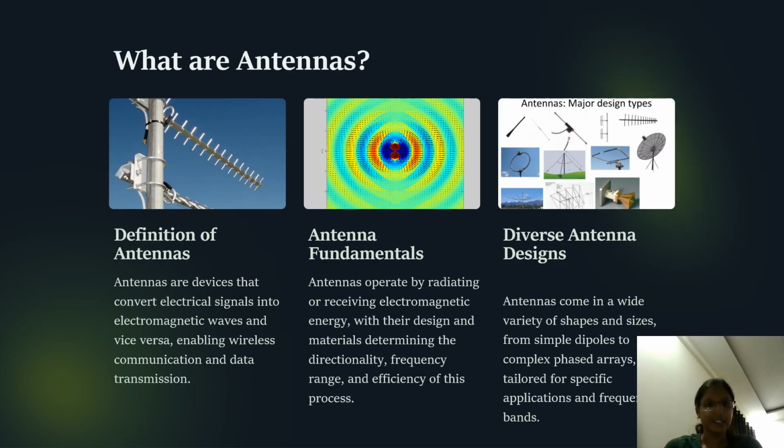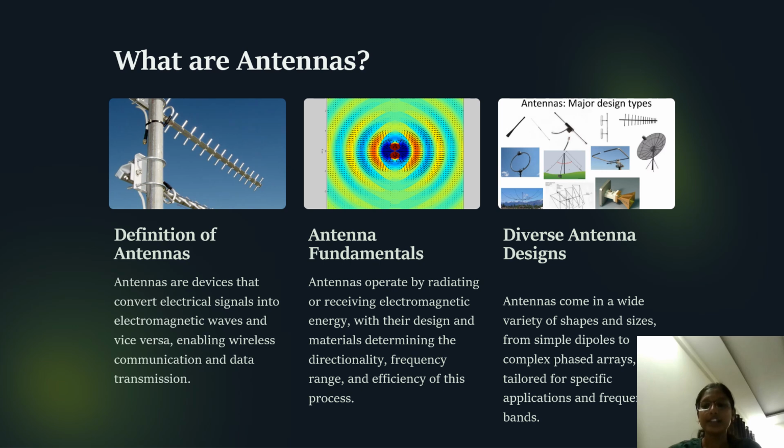So, what are antennas? The definition of antenna, fundamentals, and diverse antenna designs. Here, antennas are devices that convert electrical signals into electromagnetic waves and vice versa. Electromagnetic waves, in the sense, convert from electric field to magnetic field, and magnetic field to electric field, vice versa, enabling wireless communication and data transmission.